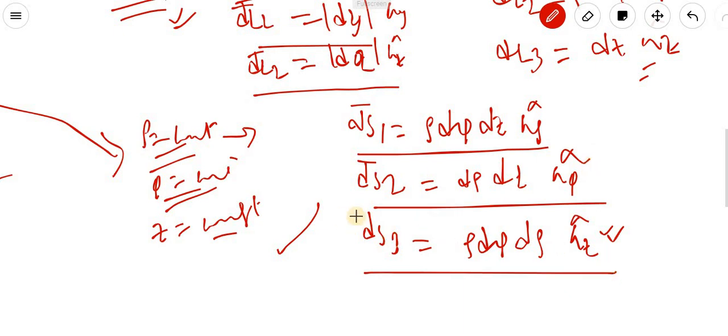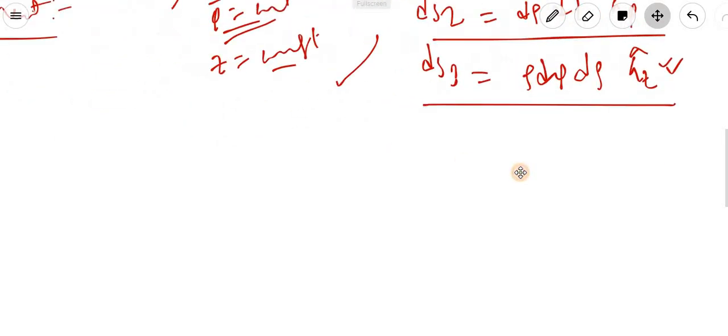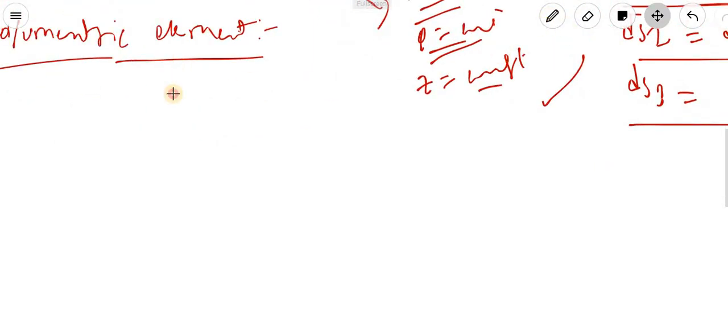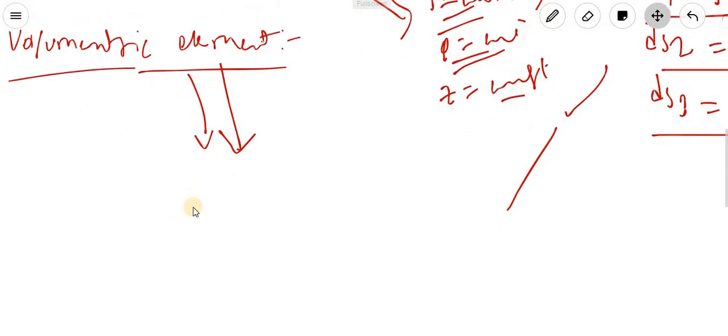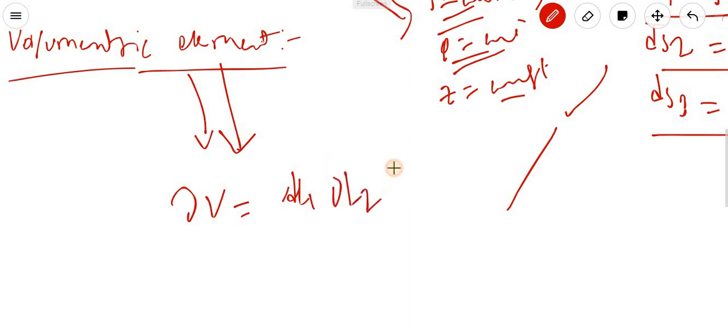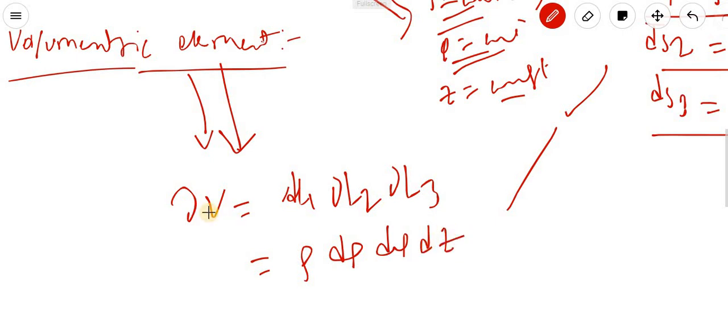And the volume element. What is the volume element? Only one volumetric element will be there for the circular cylinder. So all three line elements dl1, dl2 and dl3 give dv, the volumetric element, that means d rho, d phi and dz.